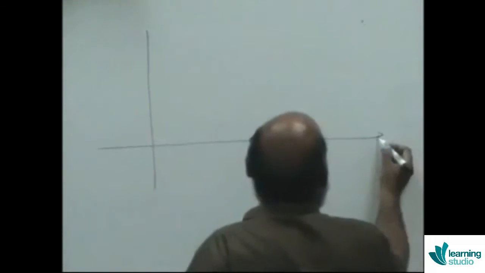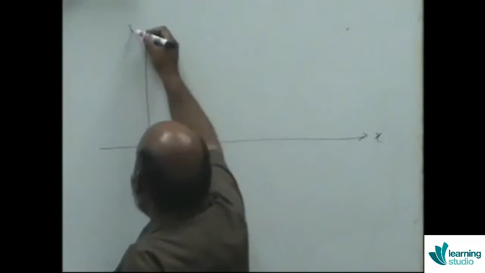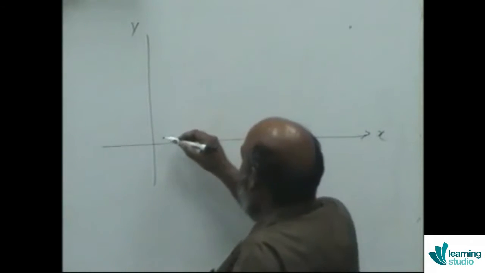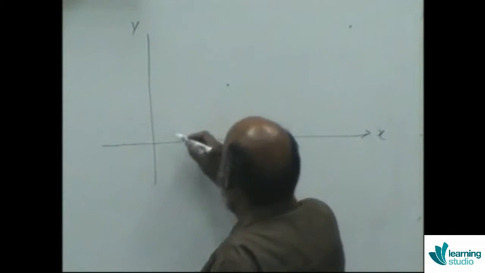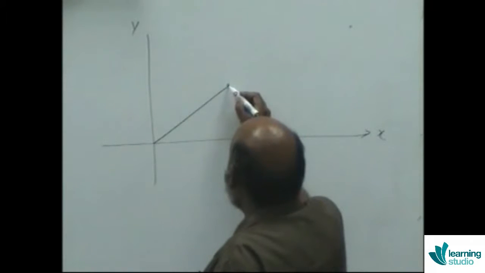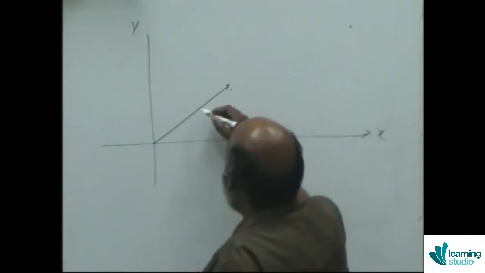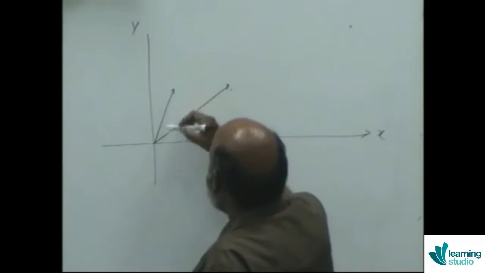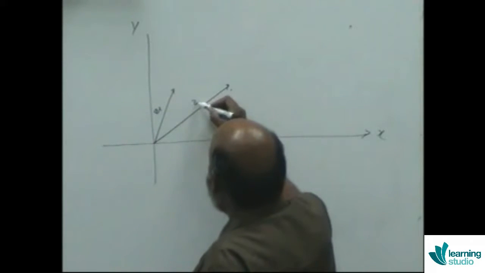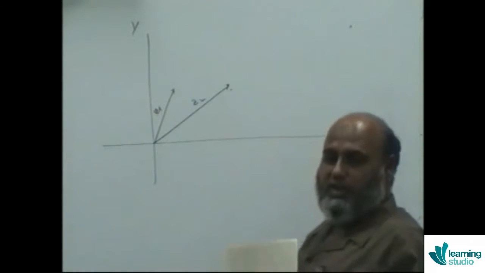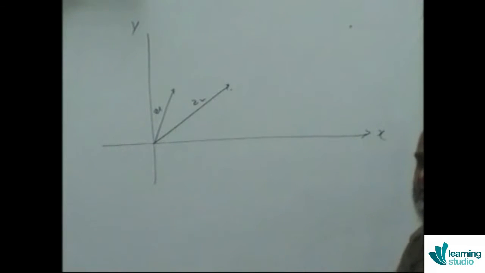In fact, the addition is very much similar to the addition of vectors. For example, if you consider this is x-axis and this is y-axis, and we consider this vector, let us say this is z1 and this is z2. If we are required to add these two vectors, we always use the parallelogram law.